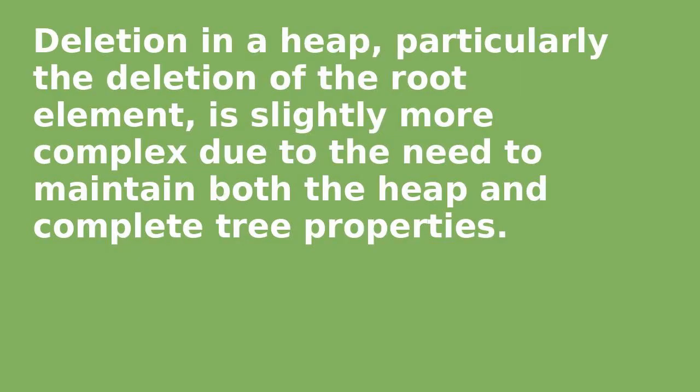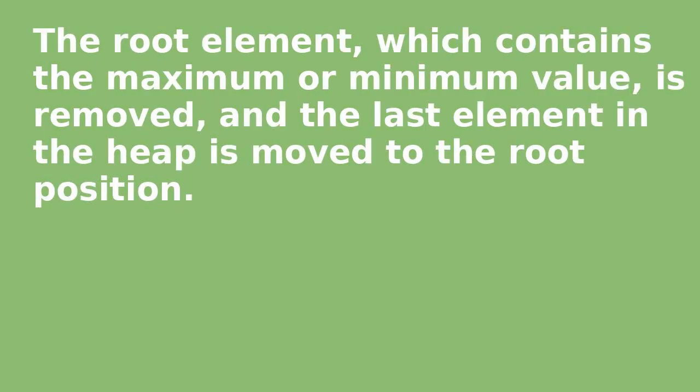Deletion in a heap, particularly the deletion of the root element, is slightly more complex due to the need to maintain both the heap and complete tree properties. The root element, which contains the maximum or minimum value, is removed, and the last element in the heap is moved to the root position.